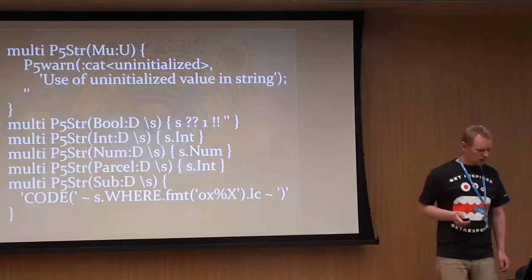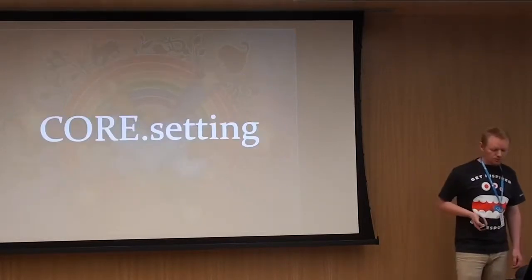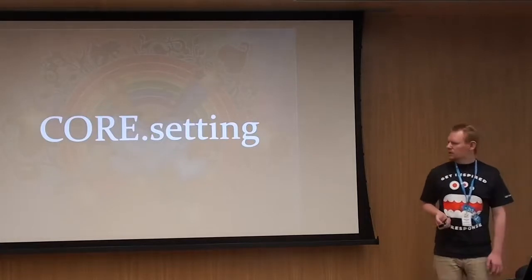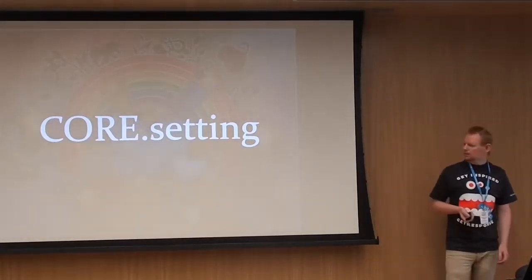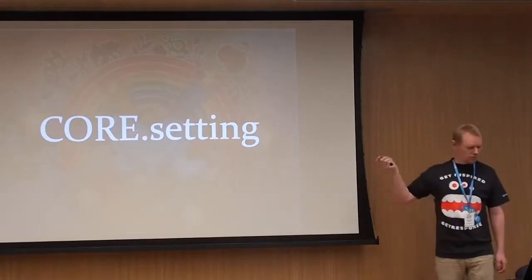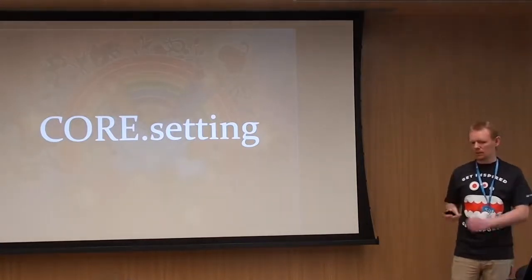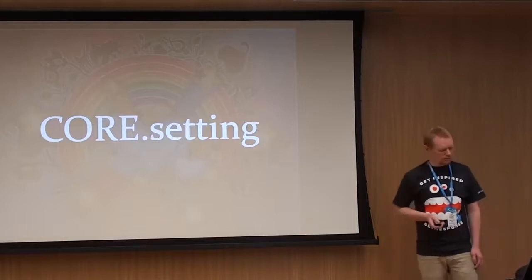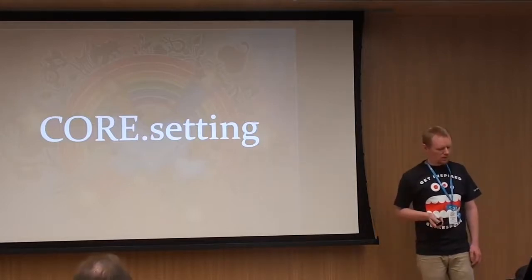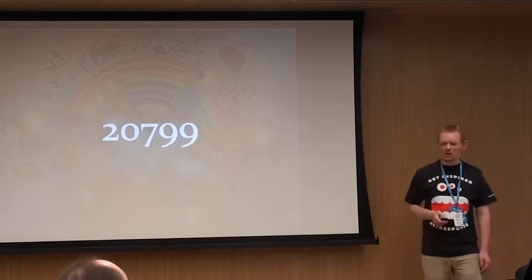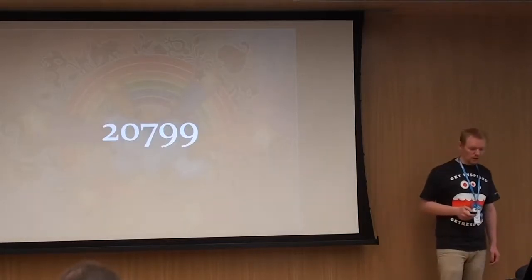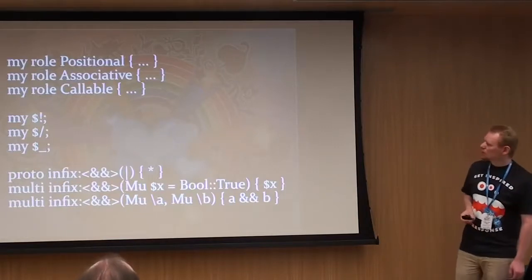Okay, so Rakudo Perl 6 has a core setting where all its built-ins are declared, like the P5 string we have seen now. It's like a built-in for the P5 module. This core setting in Rakudo Perl 6 is more than 20,000 lines of code. And it looks a little like this.